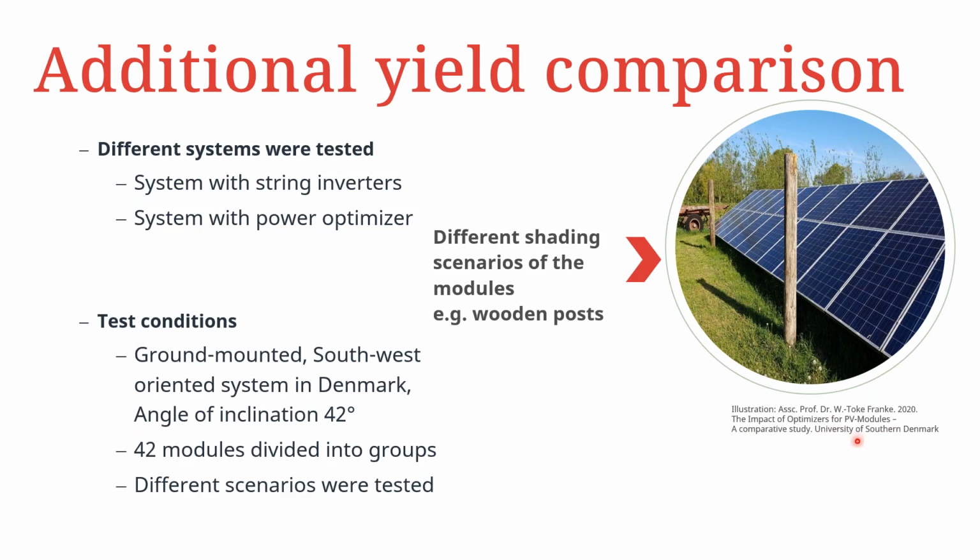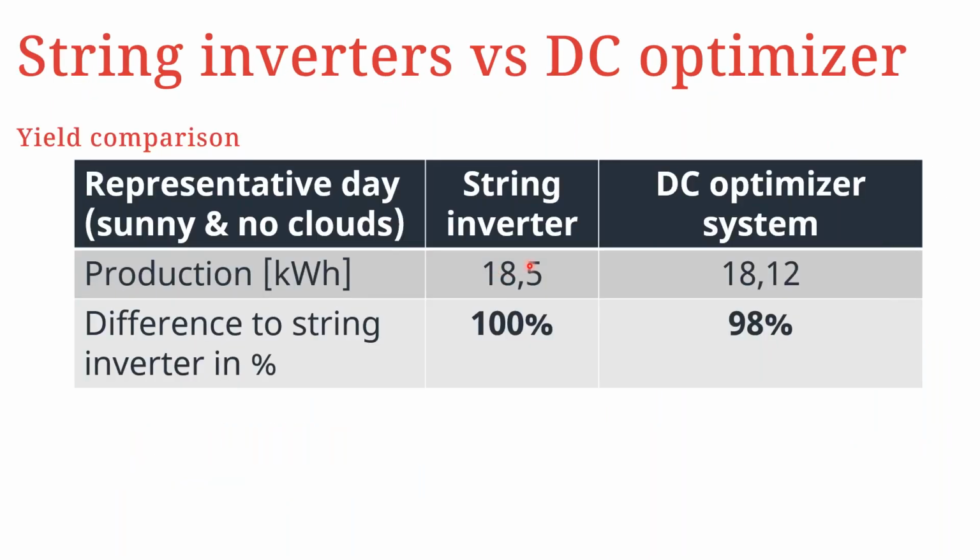From these findings, when it comes to yield, for a system production during a sunny day with no clouds, a string inverter is able to produce about 18.5 kilowatt hours, whereas a DC optimized system produced only 18.12 kilowatt hours.